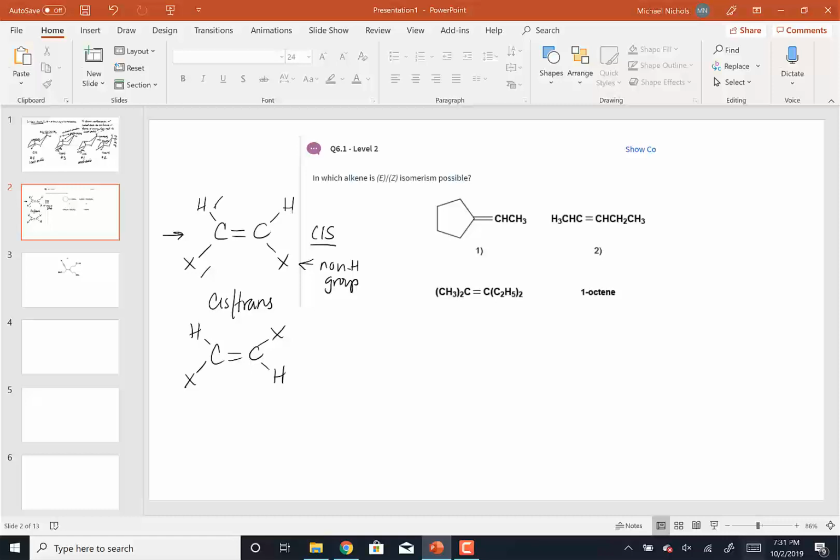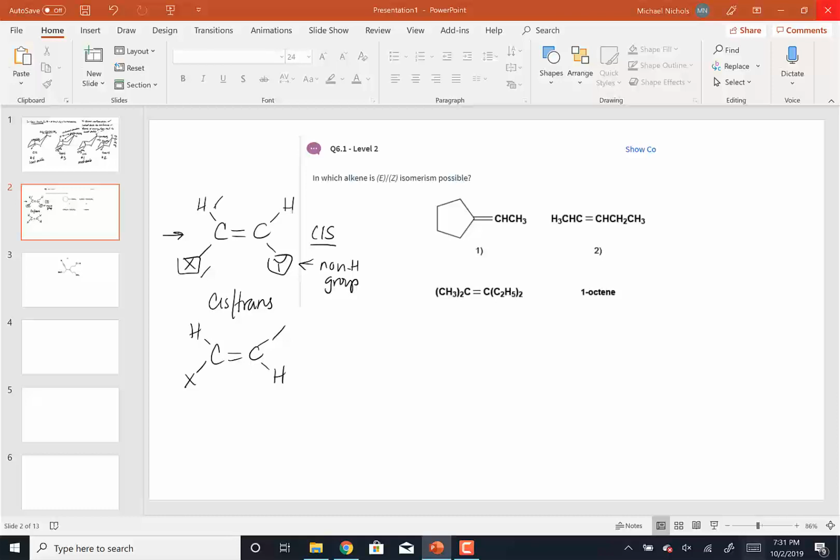They're both on the same side, so it doesn't matter what your frame of reference is. These non-hydrogen groups don't have to be the same, so maybe I would make them X and Y. You're going to give me the same answer: cis.